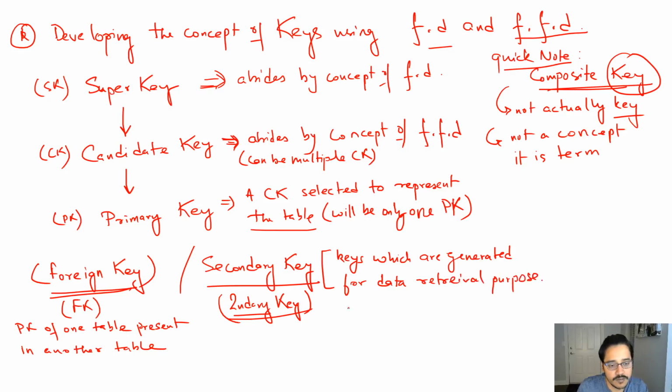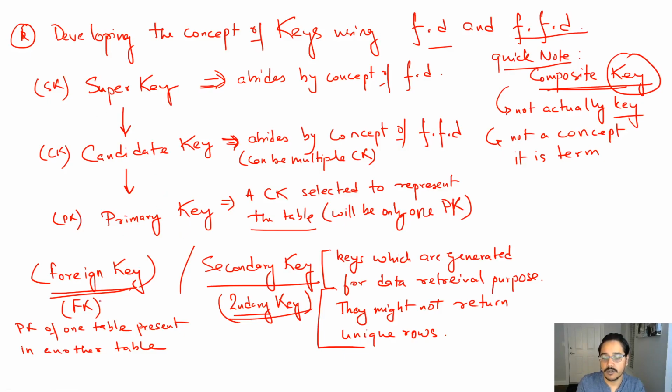And as a result of that, they might not return unique rows. Okay. However, the super key, the candidate key, the primary key, and the foreign key will always return unique rows.